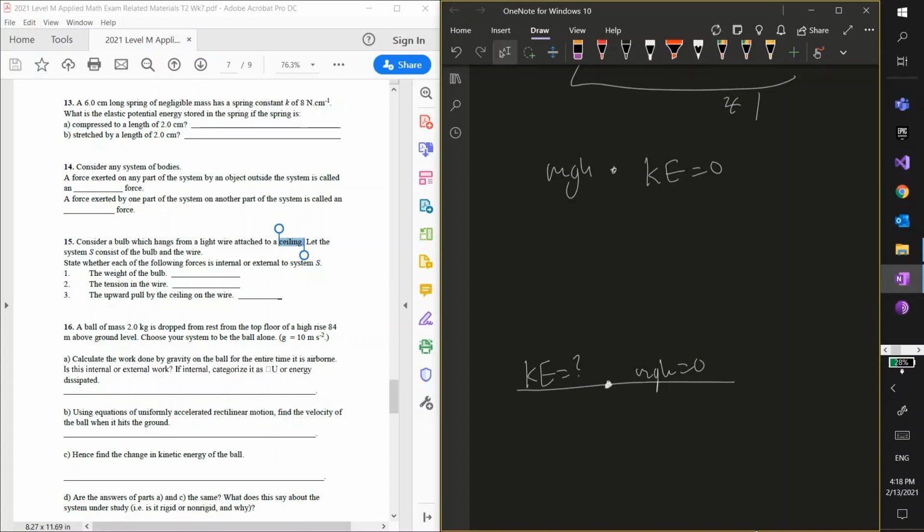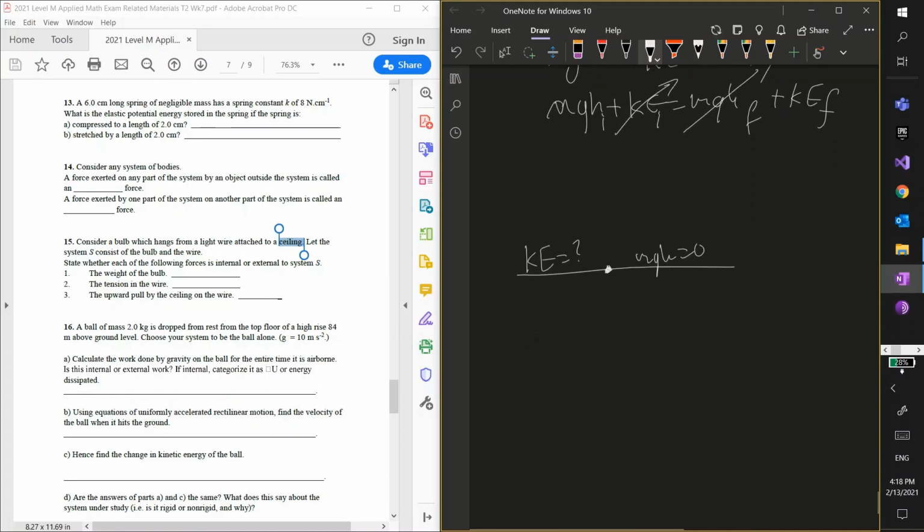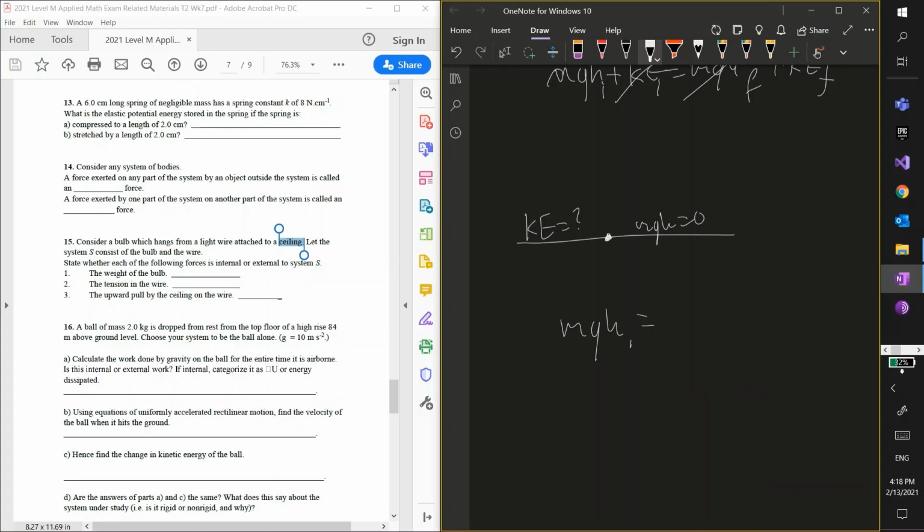So here mgh plus KE initial is equal to mgh final plus KE final. This is the conservation of energy: sum of energy initial is equal to sum of energy final. Initially you didn't have kinetic energy, and finally you don't have gravitational potential energy. In other words, mgh initial is equal to KE final.